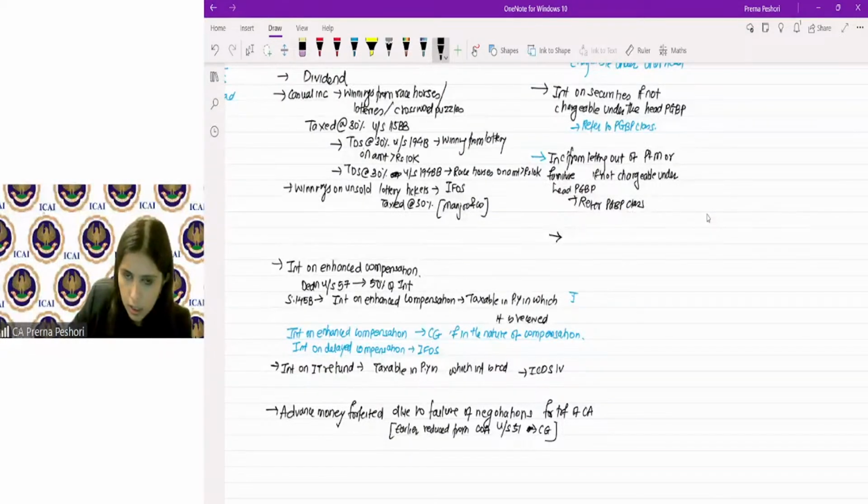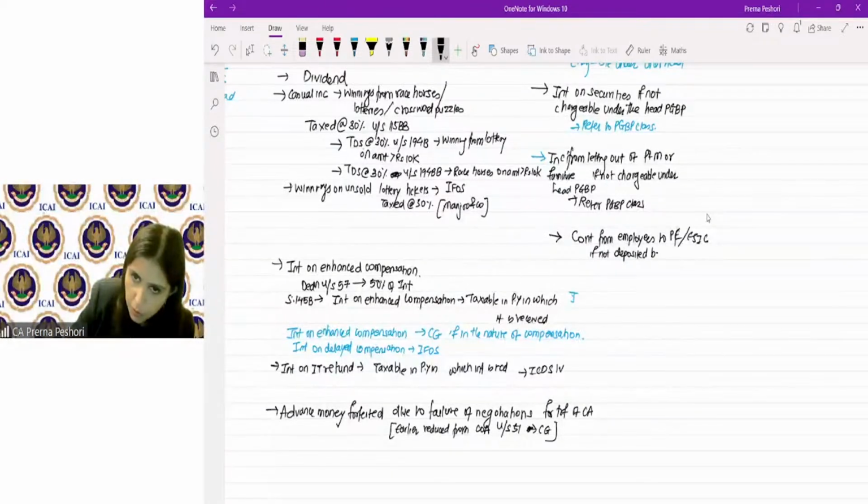So contribution from employees to PF or ESIC, if not deposited before the due date of fund.